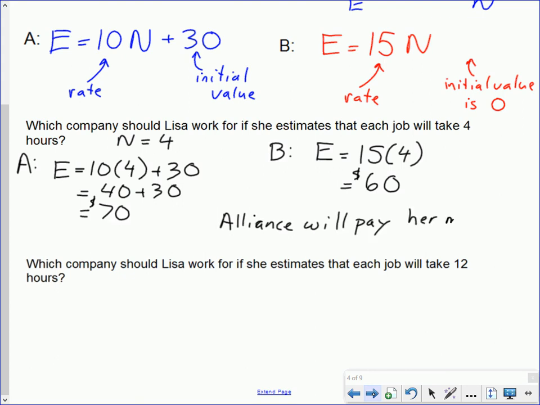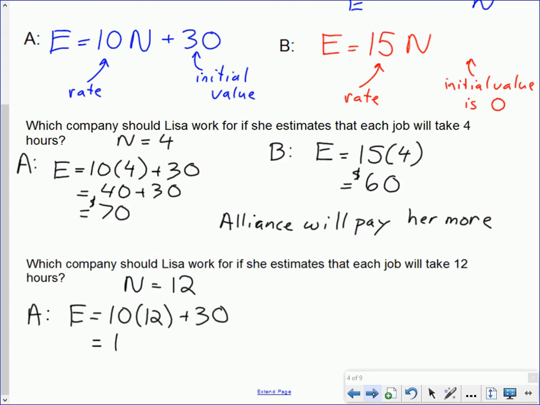On the other hand, which company should Lisa work for if she estimates that each job will take 12 hours? So in this case, the number of hours is 12. So Alliance will pay her $10 per hour, so 10 times 12 is 120, plus 30, $150.